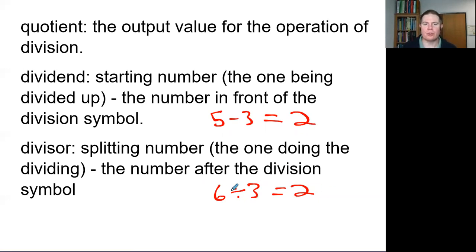So the units definitely come into play as to which of these numbers have what units. We'll see that with each word problem. But here's our divisor after the division symbol. Here's our dividend, the number before the division symbol. And here's our quotient. Right? So I think those are all the definitions we have for division.